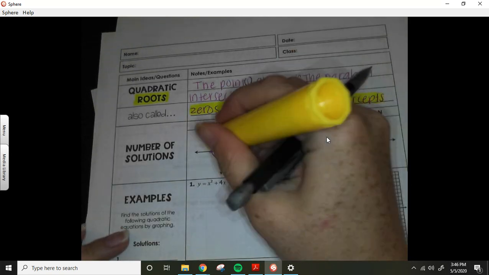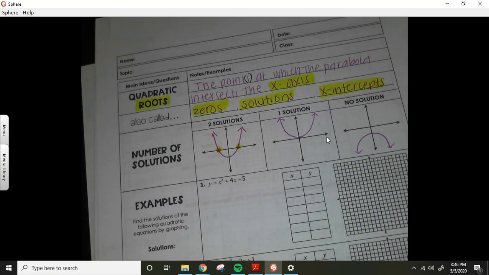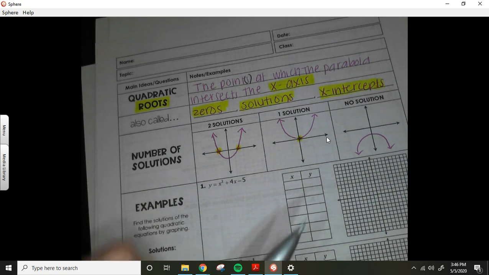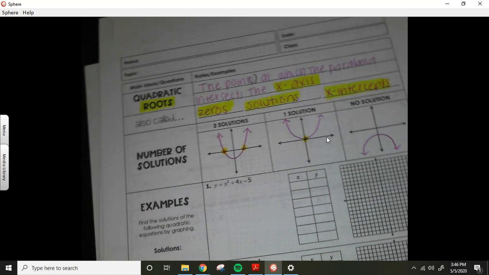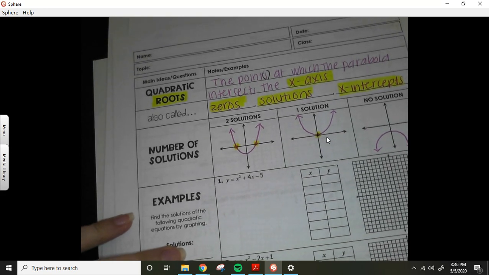If you're looking at the number of solutions, a quadratic equation can have at most 2 solutions. When I say at most, that means there can be less. So there can be at most 2 solutions because let me see if I can blow your mind for a second.